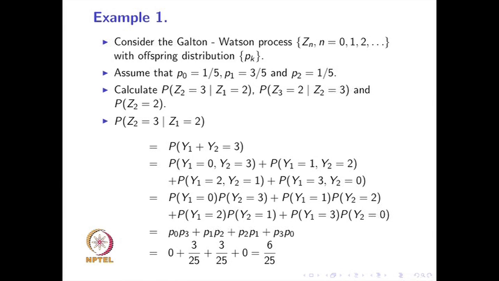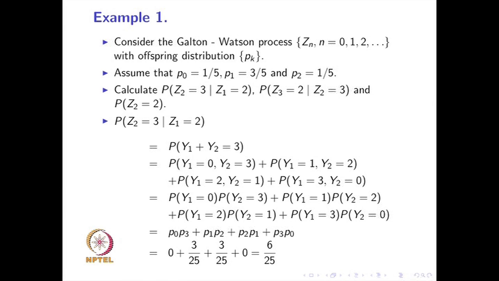Our interest is to find the conditional probability of Z2 equal to 3 given Z1 was 2, and also the probability that Z3 equal to 2 given Z2 was 3, and also the probability of Z2 equal to 2.